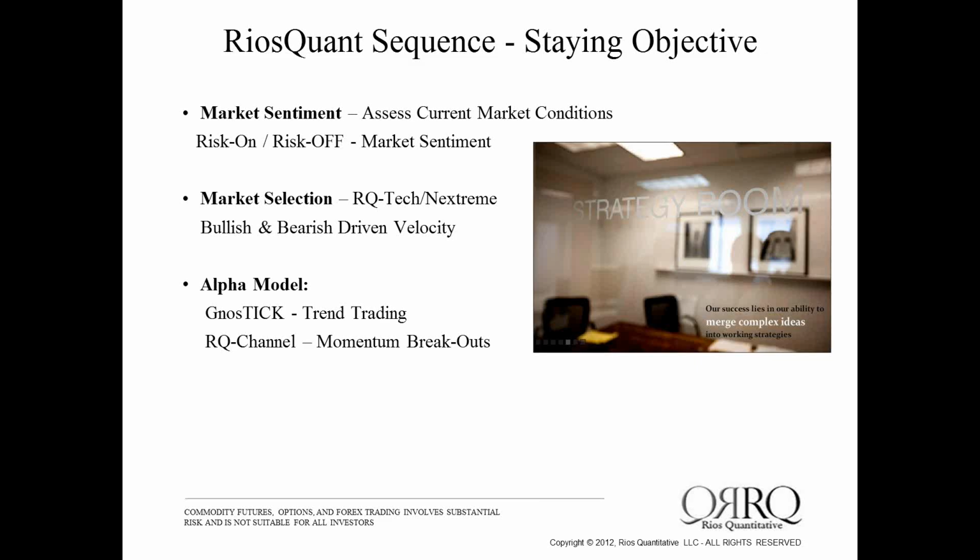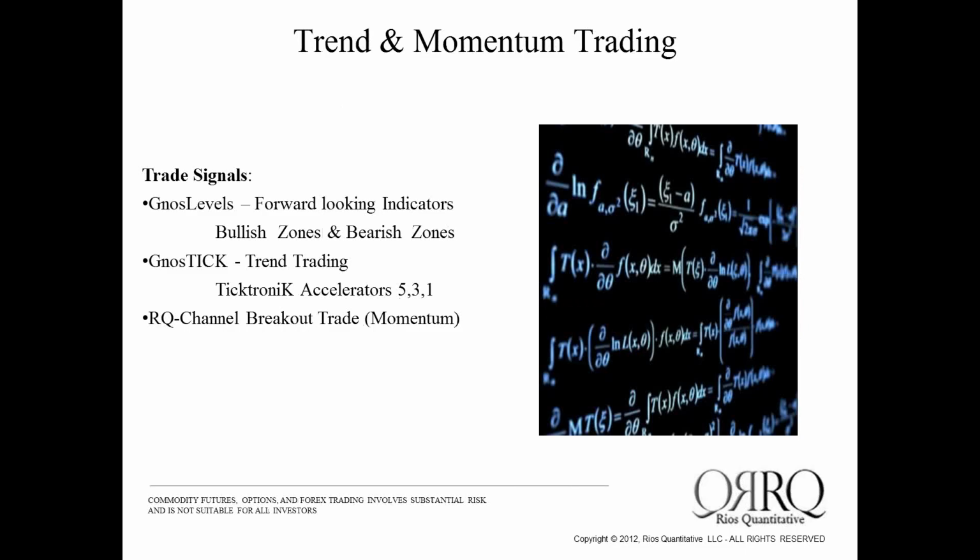It is by no means an indicator that is meant to look at a price and be in it all day long. So trend and momentum trading is what we're going to be looking at today.